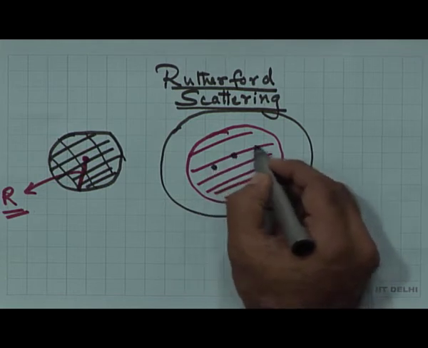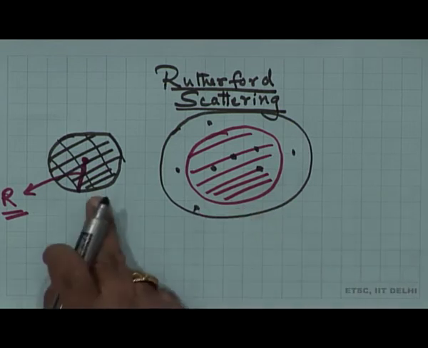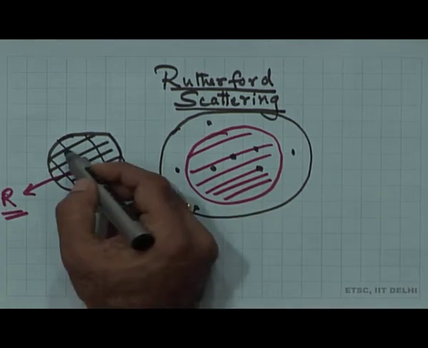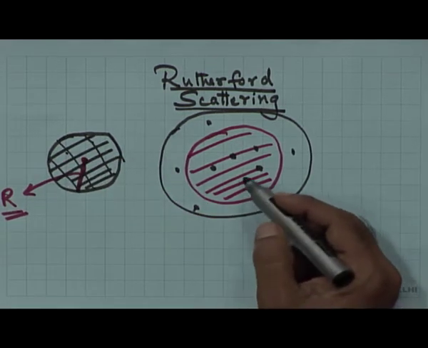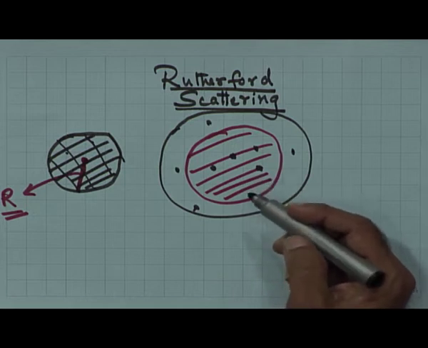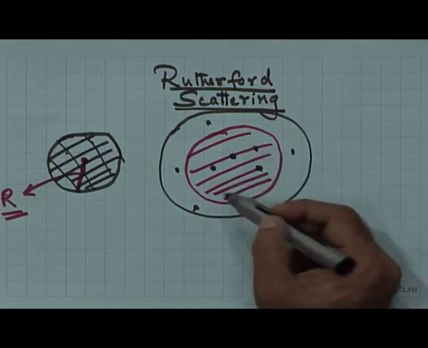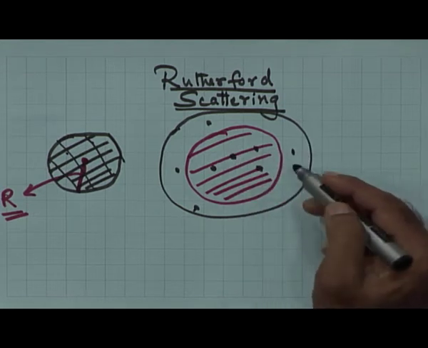Maybe some electrons are here and maybe some electrons here. The first one strictly adheres to the Thomson model, because all the positive and negative charges are sitting inside. Here it is not exactly the Thomson model, it is a partial Thomson model. We are saying some of the electrons are inside the positive charge distribution and some are outside.